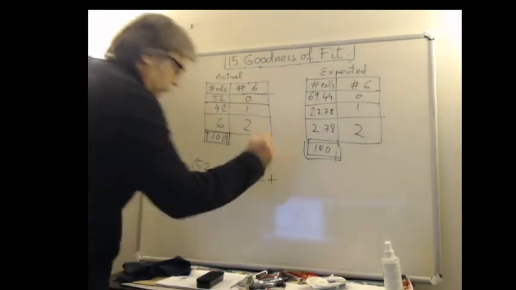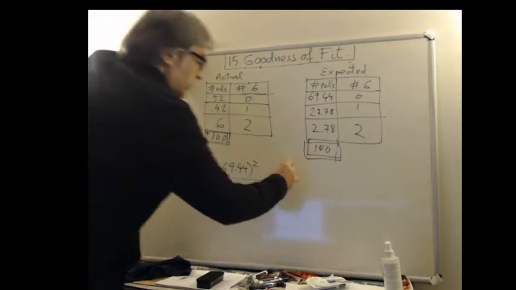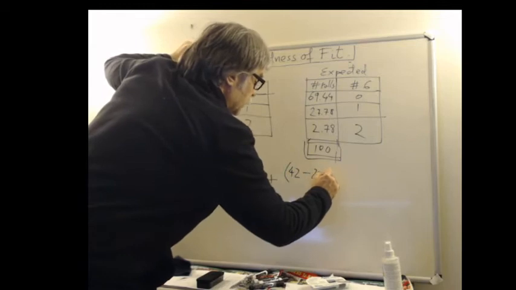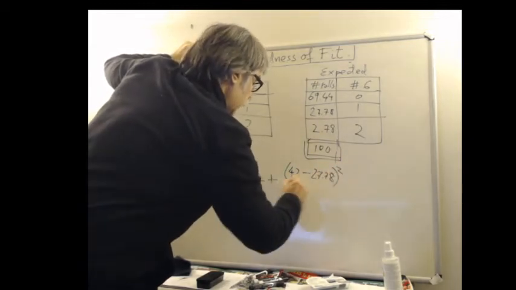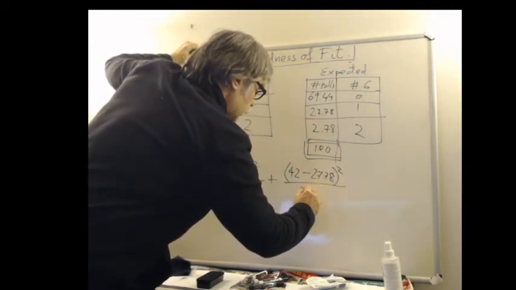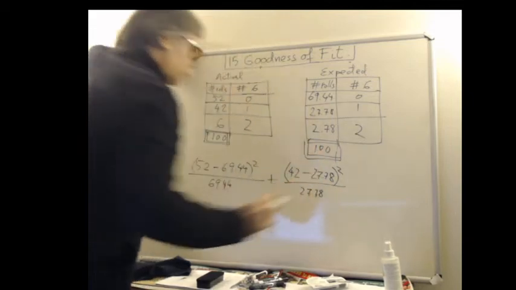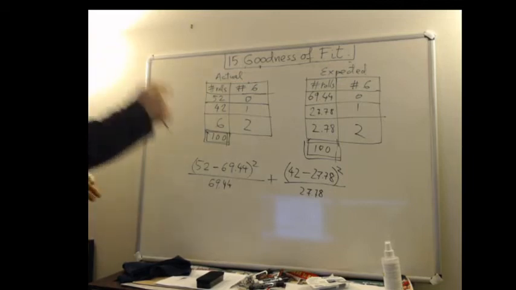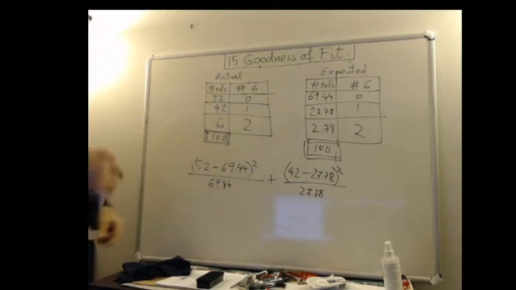Plus actual 42 minus 27.78, square that, divided by expected. That's the second category, the same calculation: the actual minus expected, square it, divide by the expected number.